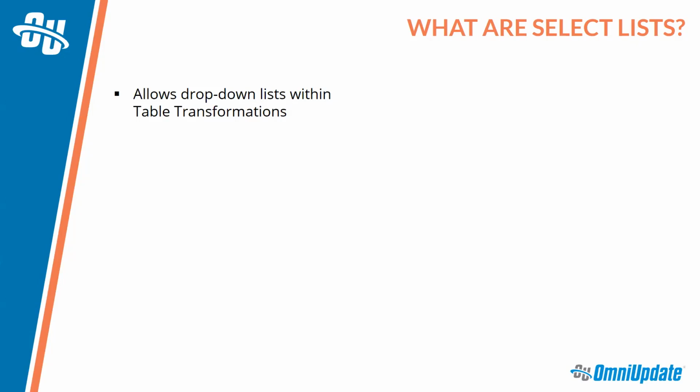What this does is allow you to have some drop downs inside of those table transformations, and it creates a lot of extensibility and additional functionality when you use that particular editing experience.